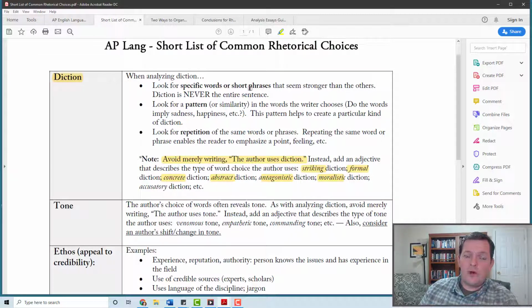So look for points where there's a shift in tone, a shift in substance, a shift in style, and note those shifts. That can be very helpful in your own analysis, particularly if you can show that shift taking place in the area of diction.